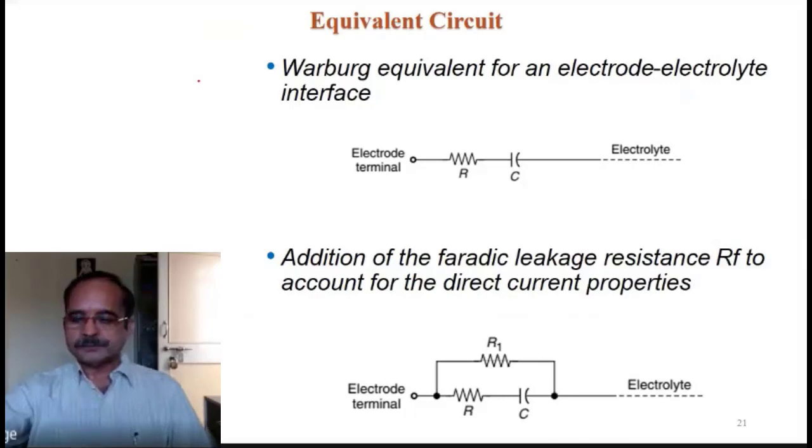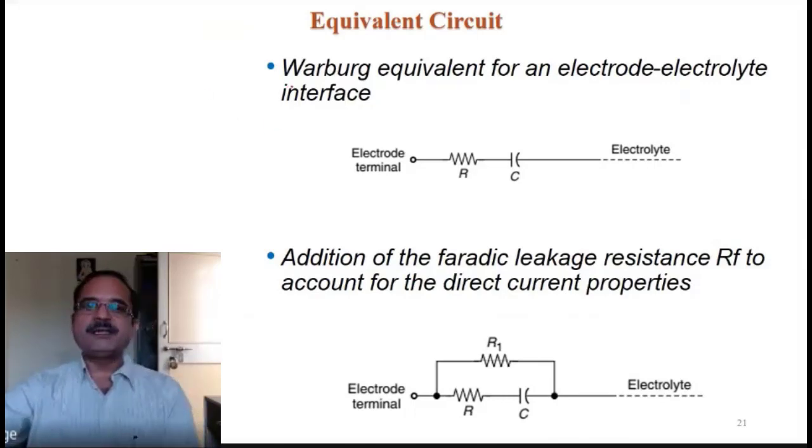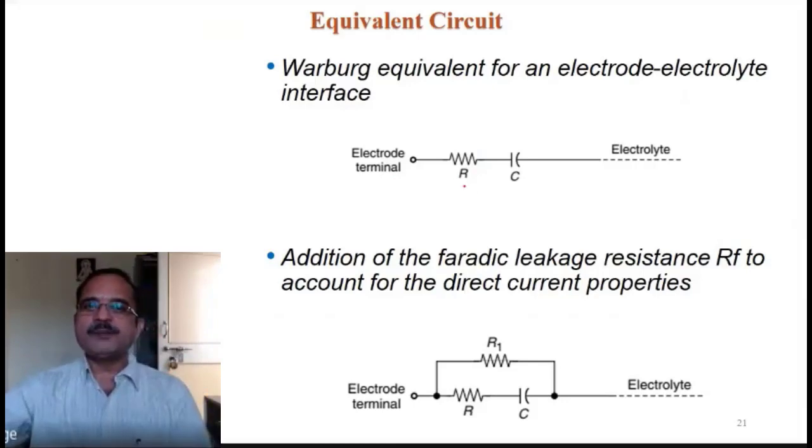Now as far as the equivalent circuit is concerned, as we have seen, the polarizable electrodes are represented in terms of a capacitor. That capacitor is C, and there will be some resistance for this electrode, so it is represented as a series combination of resistance and capacitor.